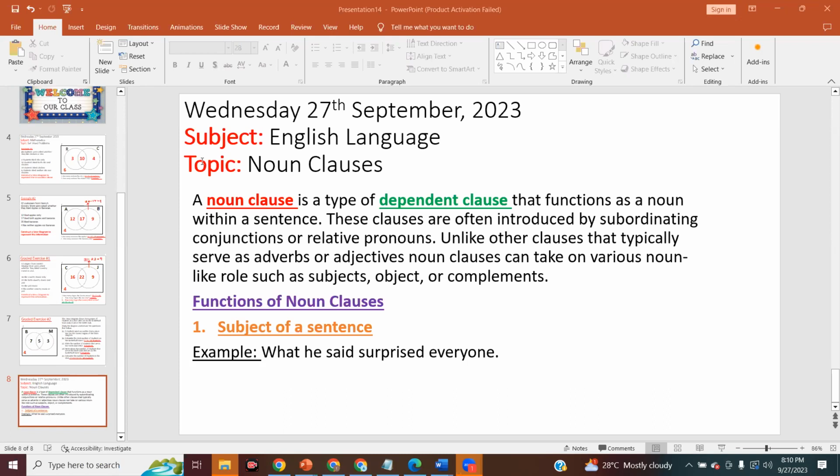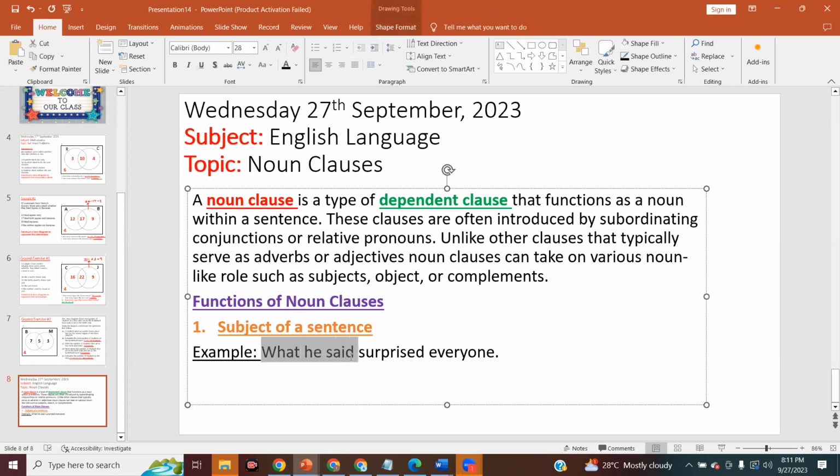The relative pronoun would be what? Good. So what is the noun clause in the sentence? It's a clause. What he said. Yes. What he said. All right, that is the noun clause.